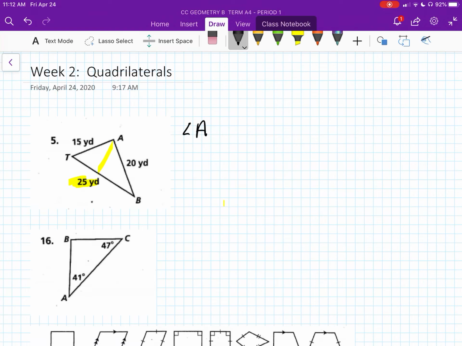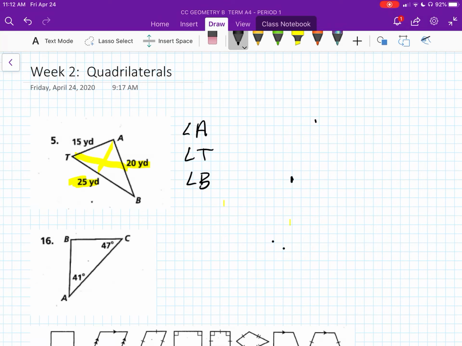The next largest angle would be across from the next largest side. If we look across, it's pointing at this one. So it's going to be angle T. And the smallest angle, therefore, would have to be angle B, right?